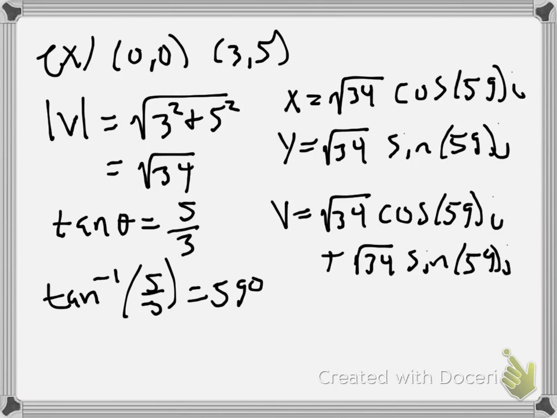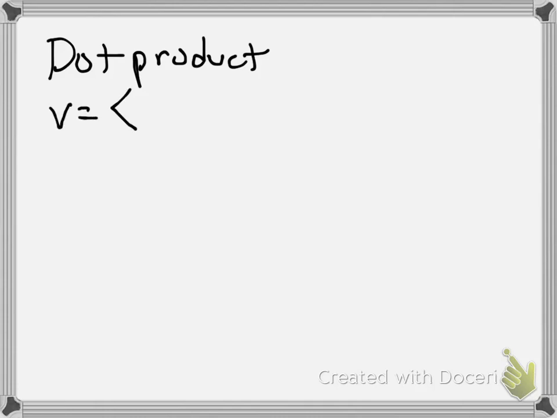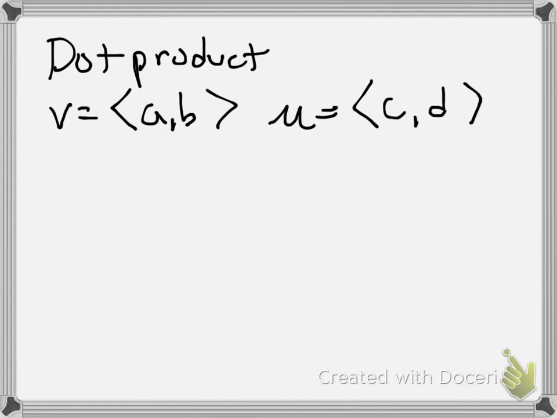Alright, now we're going to go through and look at dot products. If you're looking at your dot product, let's say I have a vector A, B and a different vector C, D. All you really do, dot product is your multiplication.